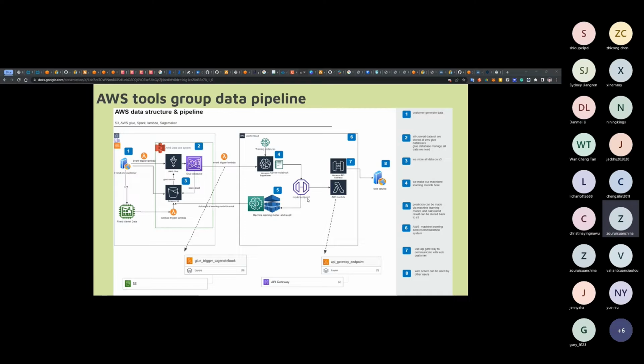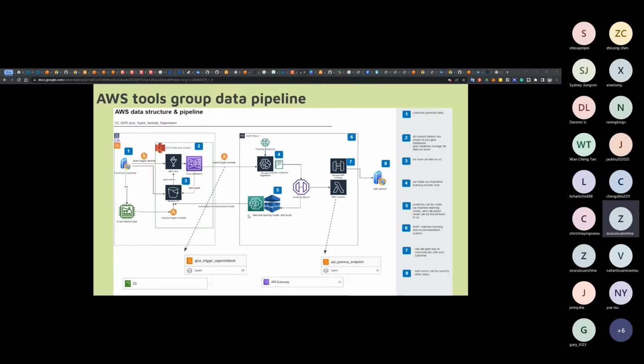The model endpoint will send information to AWS Lambda, and Lambda will connect with API Gateway to make sure the web service can receive some information. And the arrow shows the connection between API Gateway and the Lambda function we use.